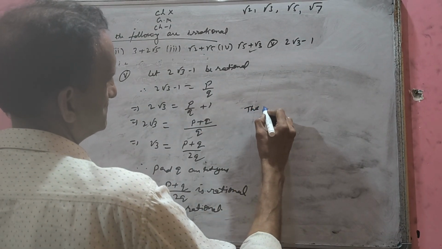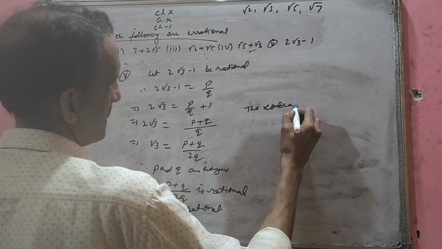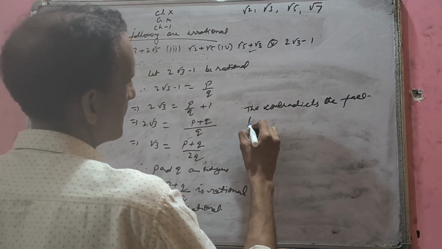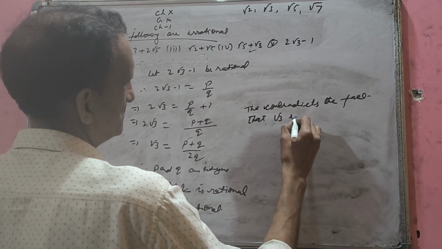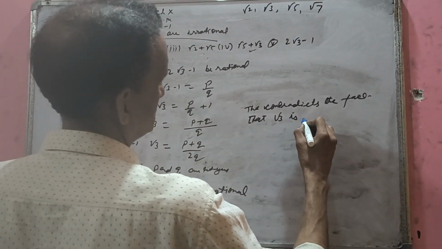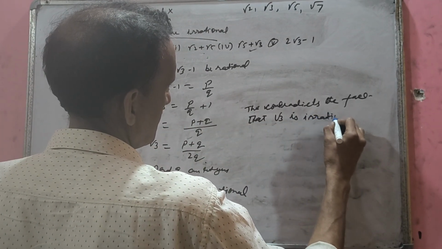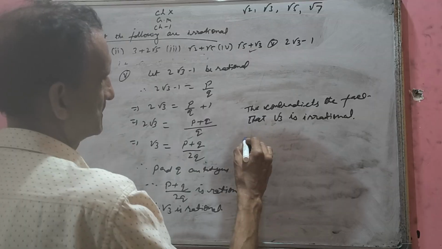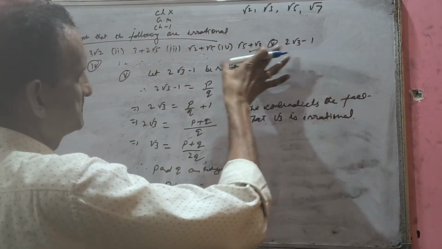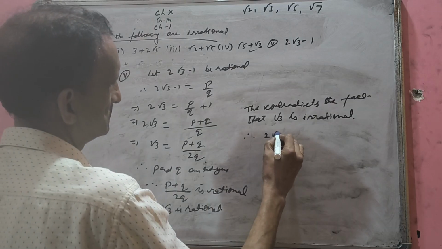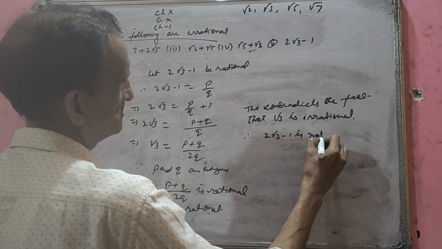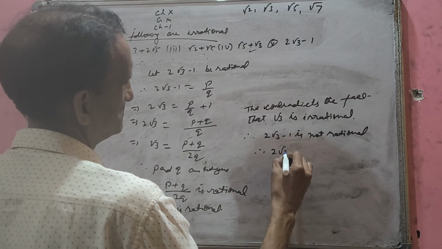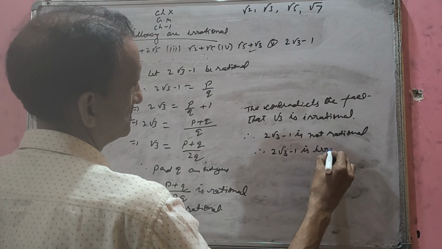This contradicts the fact that root 3 is irrational. And this contradiction is because of our wrong assumption. Therefore 2 root 3 minus 1 is not rational. If not rational, therefore irrational. 2 root 3 minus 1 is irrational.